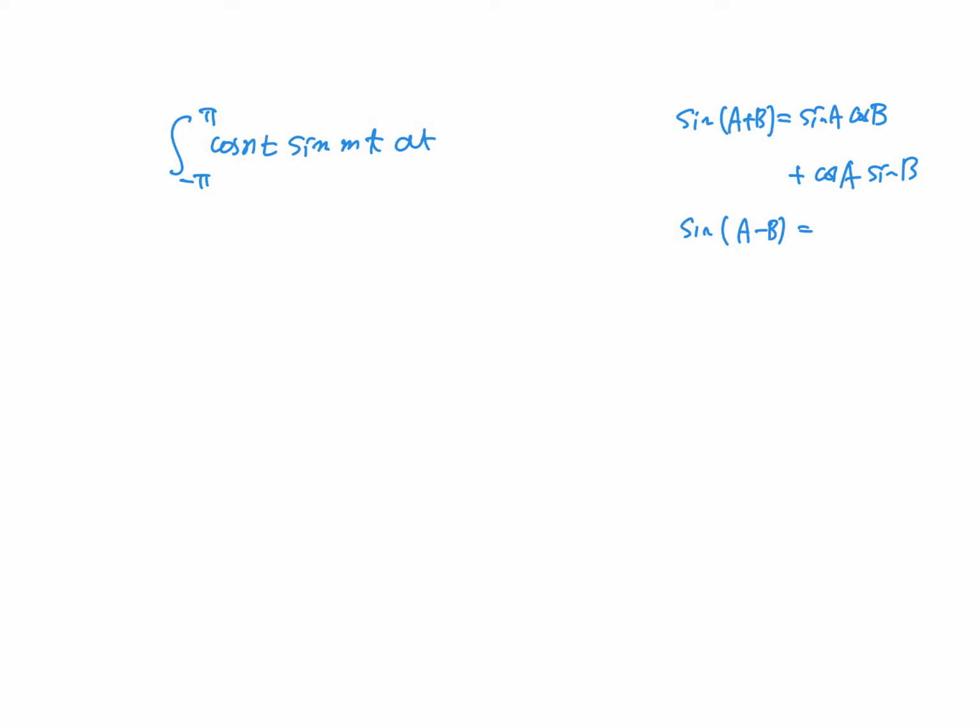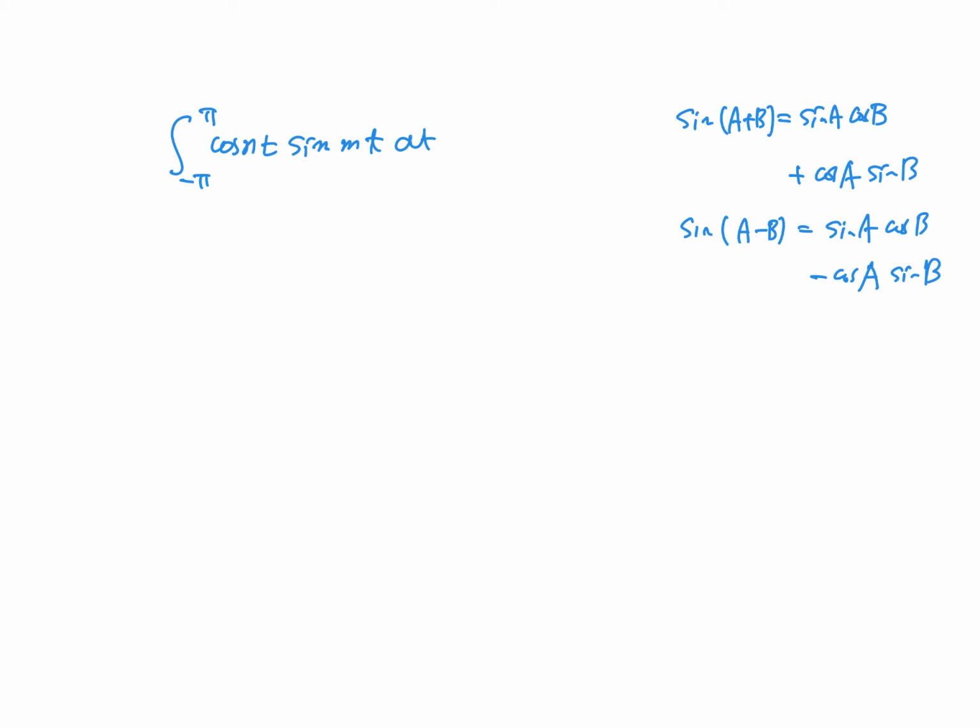Integral from minus pi to pi of cosine nt sine mt dt. So we need to use this formula: sine of a plus b is sine a cosine b plus cosine a sine b. Sine of a minus b is sine a cosine b minus cosine a sine b.